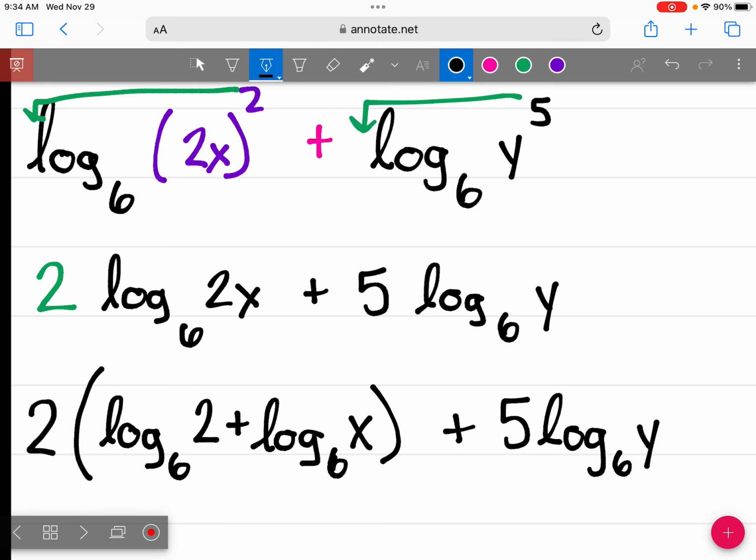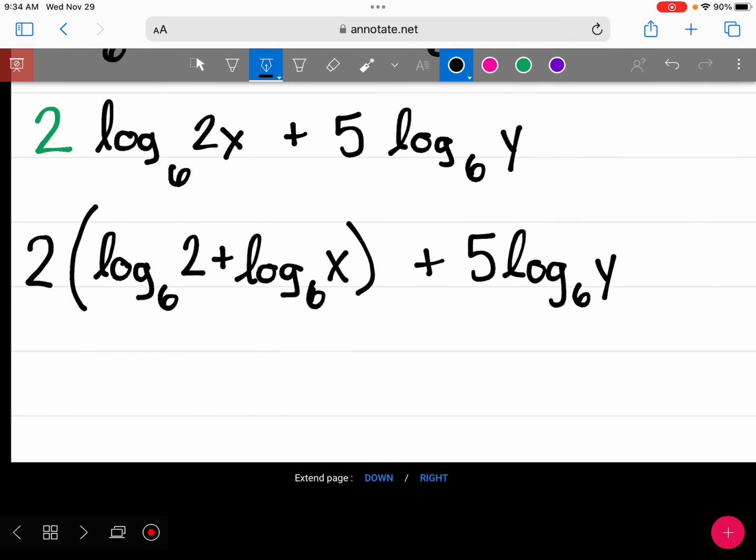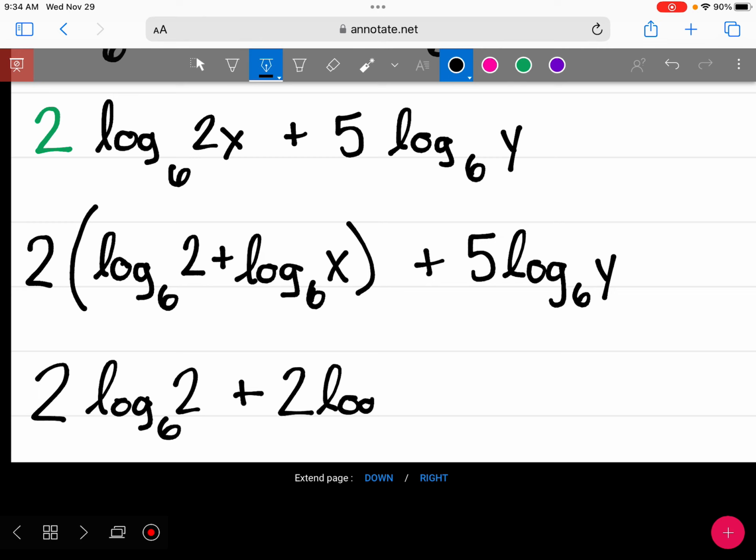But when we're fully expanded, I don't want any parentheses in here. So what are we going to do with this 2? Distribute it to both logs. So we have 2 log base 6 of 2 and 2 log base 6 of x and 5 log base 6 of y.